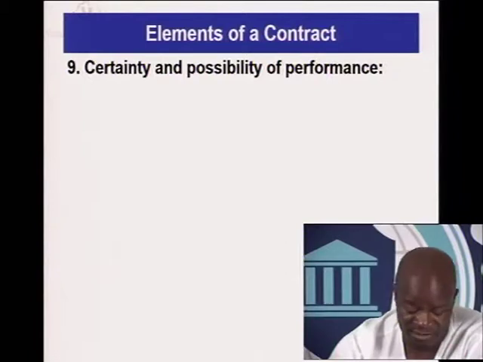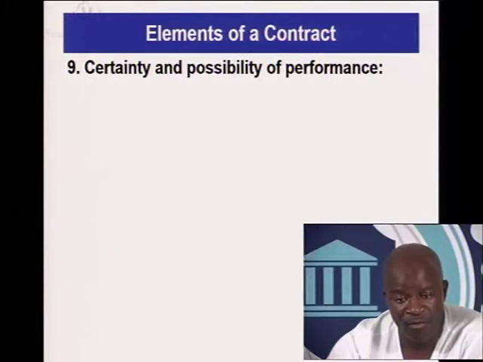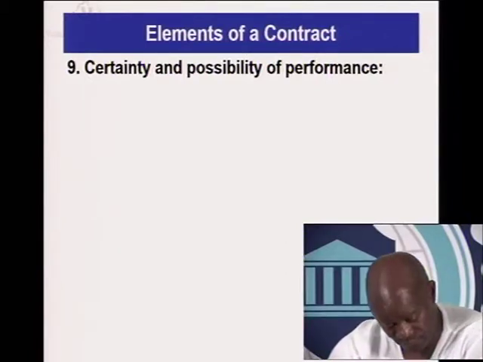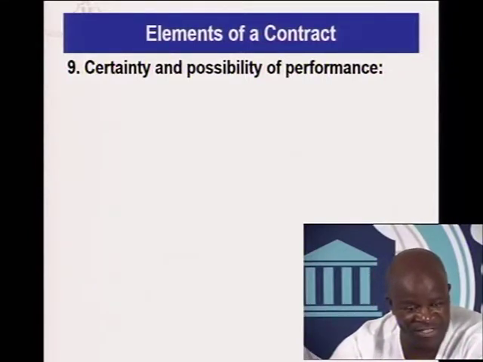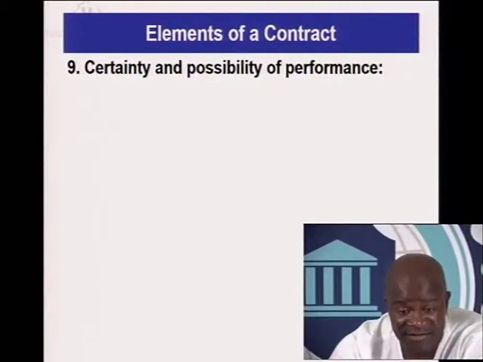Why? It's not clear, it's not specific on the pair of jeans. Is it something that I'll just go to Chinatown and buy and say, this is your pair of jeans? It's not certain. What do I mean? I must be clear to say, if you dig A, B, C, D for 3 hours, then I'll go and buy you a good pair of blue jeans or a Levi pair of blue jeans or a Polo pair of blue jeans.